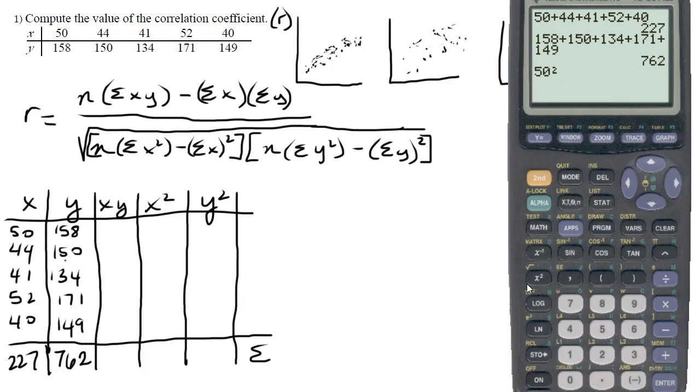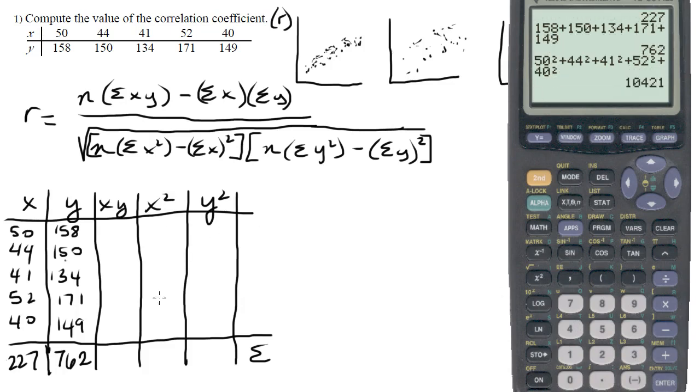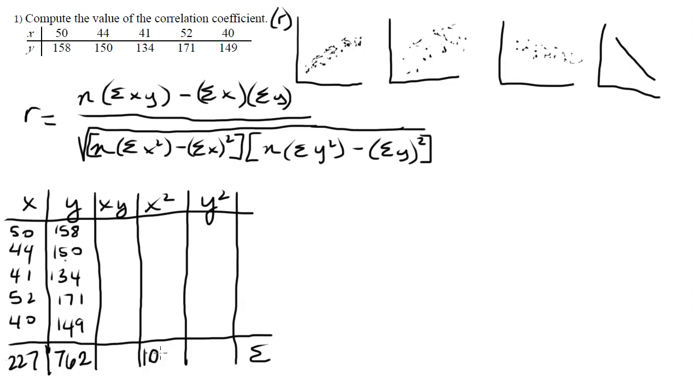I really don't want to multiply these individually, so I'm just going to start adding them already. Plus 44 squared plus 41 squared plus 52 squared plus 40 squared. So that's the sum of the x squareds: 10421.